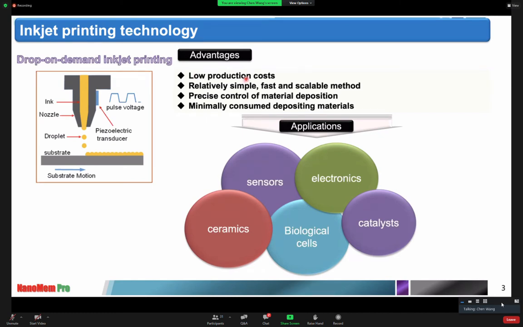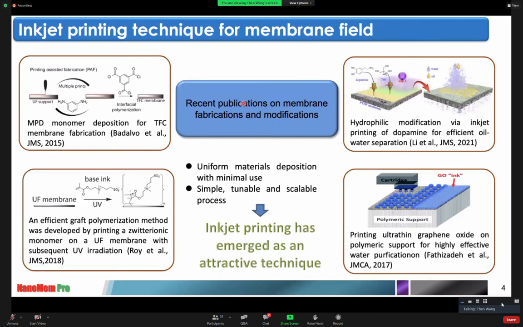Based on these advantages, it has already been applied in many research fields, such as sensors, electronics, catalysts, biological cells, and ceramics. Actually, inkjet printing technology has already been used in the membrane field. Here, I summarized some studies that use inkjet printing technology for membrane modification and fabrication.